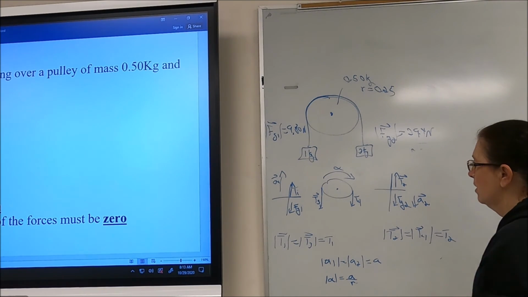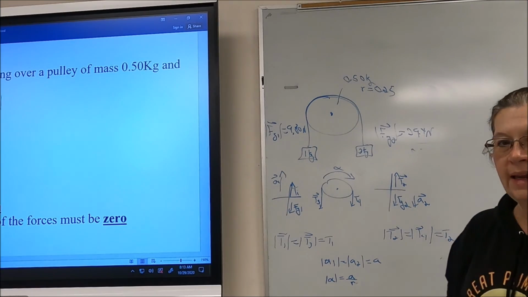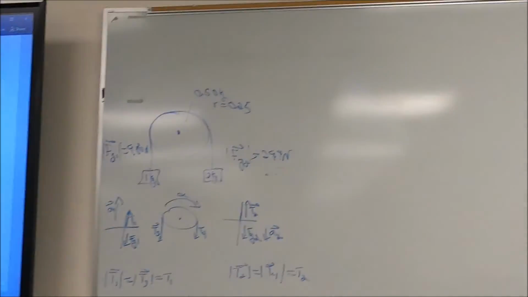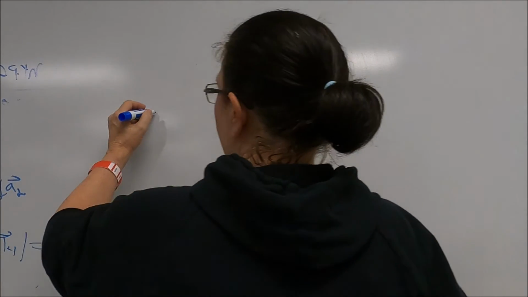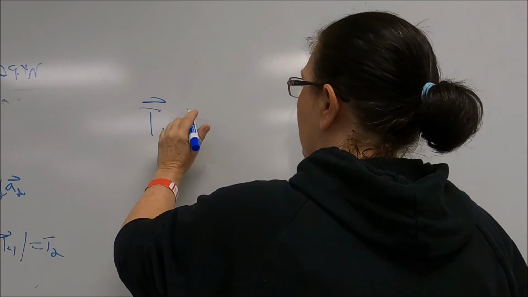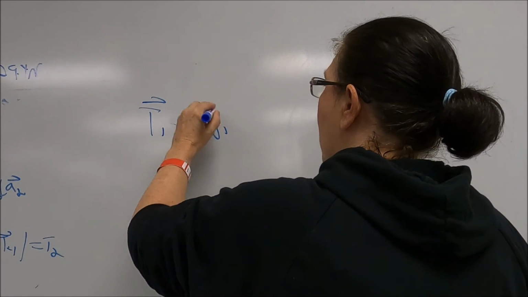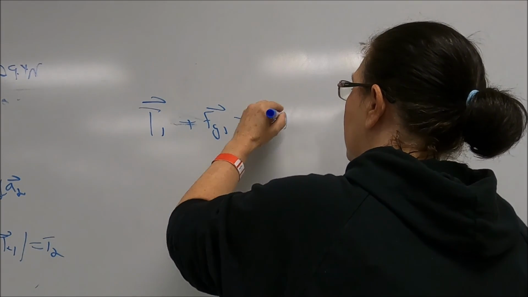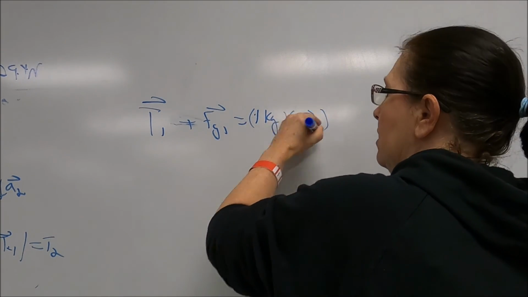Okay? So, let's start building equations. All right, for my 1 kilogram mass, I have T1 plus force due to gravity 1 has to equal 1 kilogram times A1.